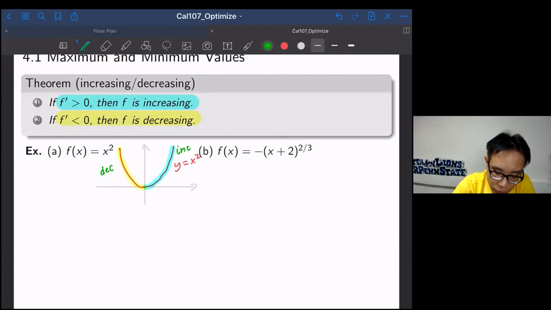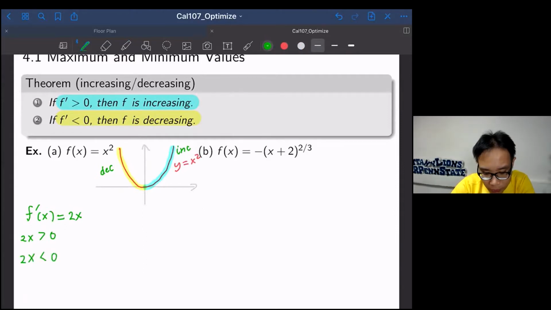If you want to use derivative, you just find the first derivative. You have f prime x equal to 2x, and you're gonna solve for 2x positive and 2x negative. So when you have 2x positive, it means that you have x positive, so the graph is increasing.